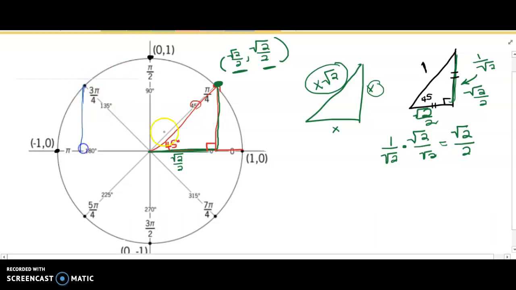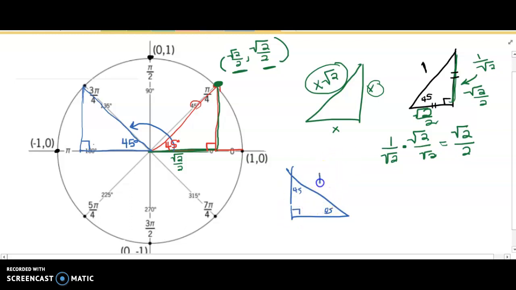This is a 135-degree angle from here to here, but if I break this down into a smaller right triangle, 180 minus 135, that means this here is 45 as well. So once again, I have a 45-45-90 triangle.